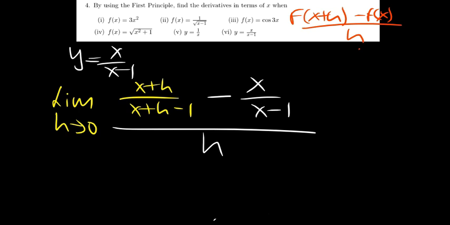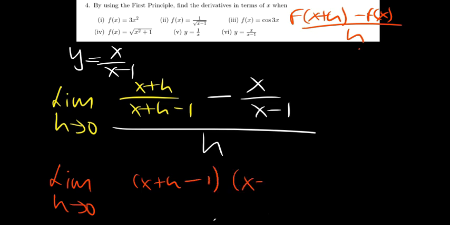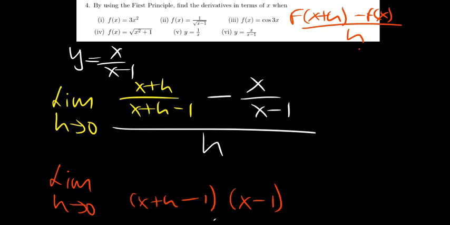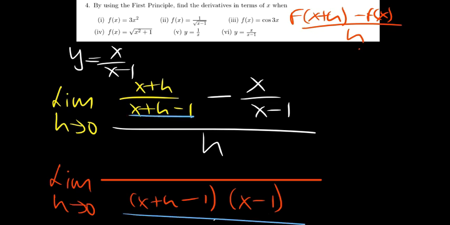And so, of course, all the same, common denominator. So the common denominator is, of course, x plus h minus 1 and then x minus 1. That's the common denominator. Let me just move it a bit down. And then as you begin multiplying now, you notice that for the first one, if you divide that into this, you remain with x minus 1.